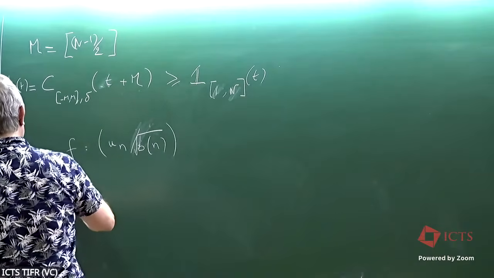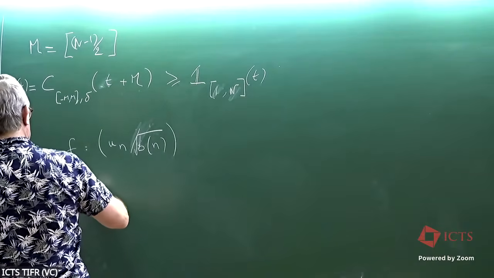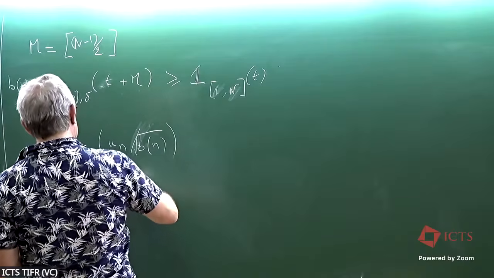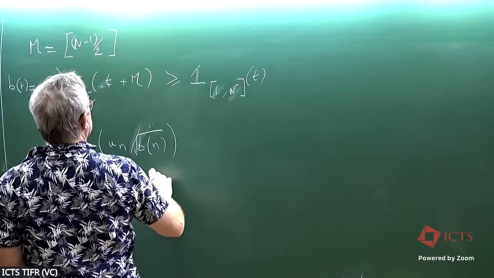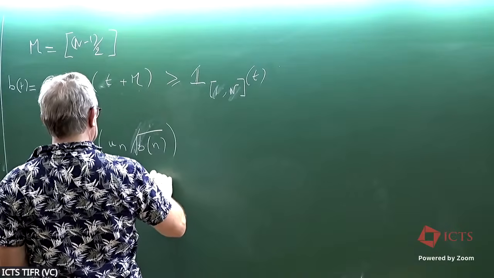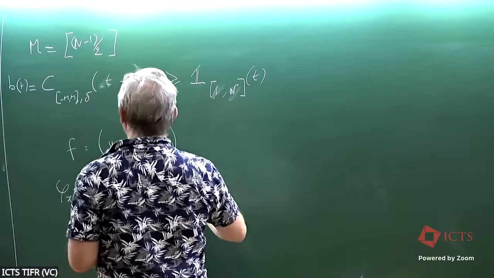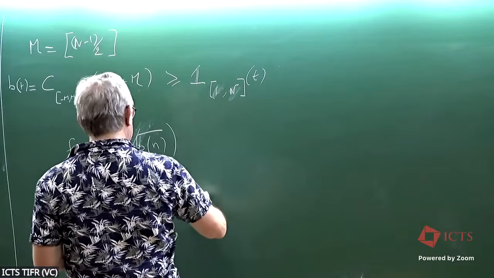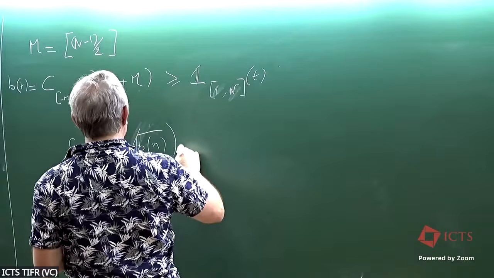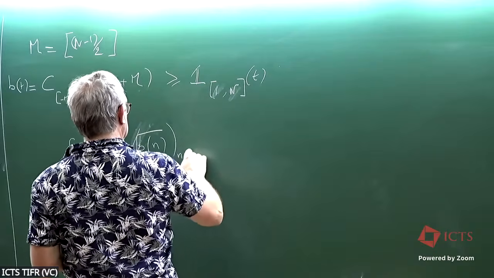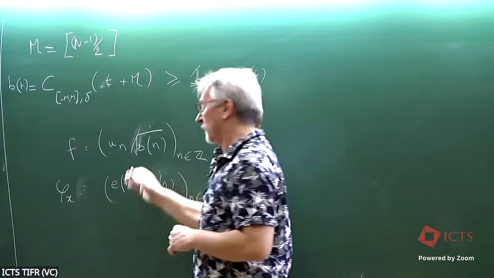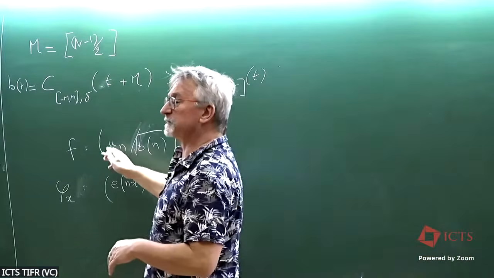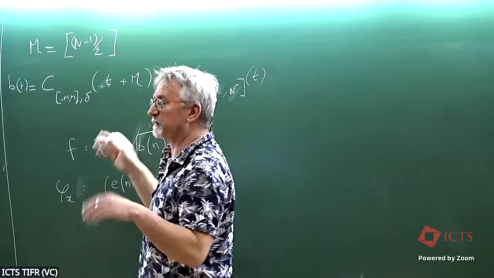And phi x is a sequence e_n(x) times the square root of b of n, over Z. This one also over Z. Don't worry if you divide by something. Outside of the support, this one is 0, so you can divide by whatever you want.